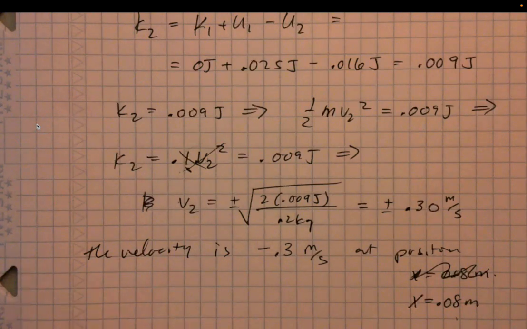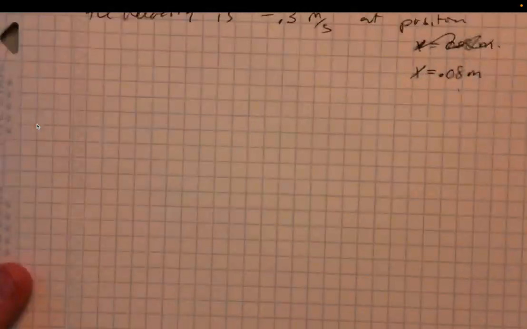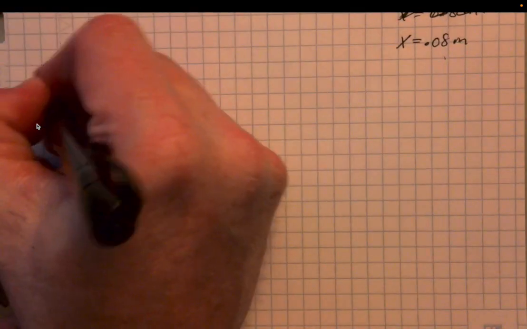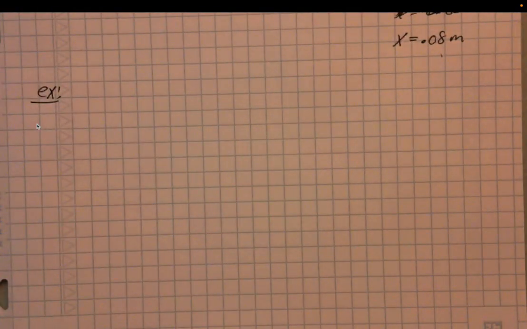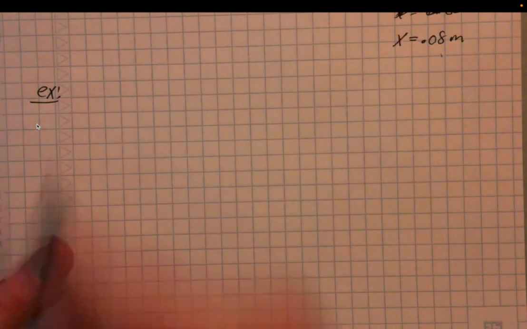All right, I want to do 2 more examples where we elaborate on this example. For this next example, I want to assume the same setup as the previous example, but this time, let's assume that there is an external force that's constant that pushes the block to the right.